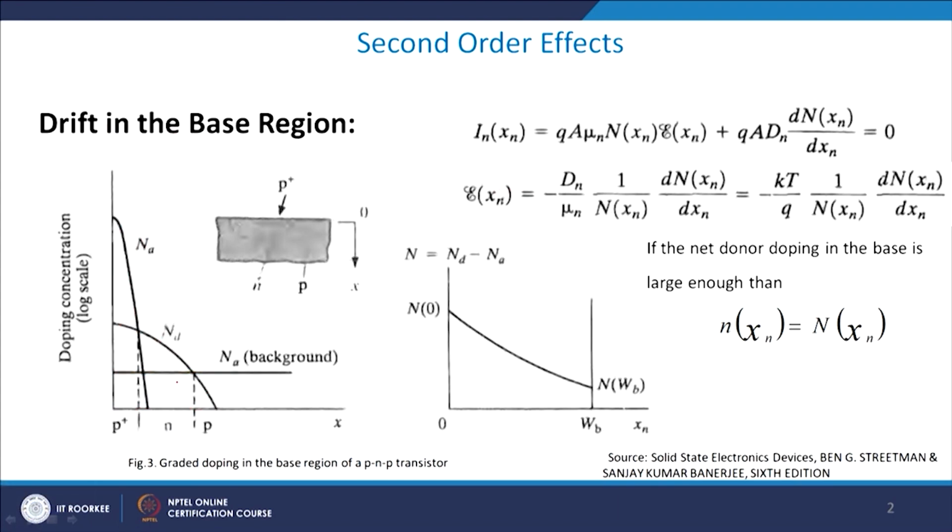Now let us suppose holes are the majority current carriers, therefore electrons are basically your minority current carriers. What we are assuming is that the effective charge carrier at a particular place is nothing but Nd minus Na.